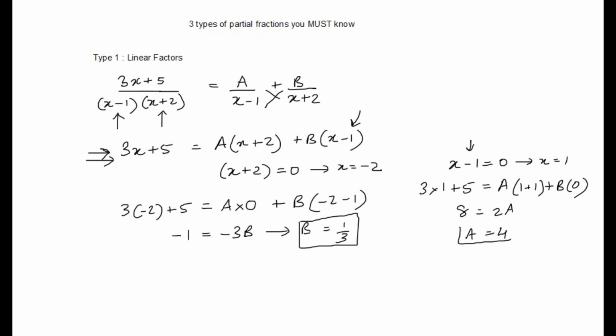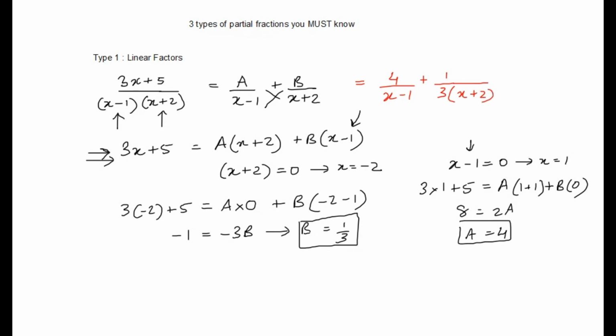So once we've identified the values of a and b, we can then rewrite our equation, putting it in a different color here. So our partial fractions are now 4 over x minus 1 plus 1/3 of 1 over x plus 2.